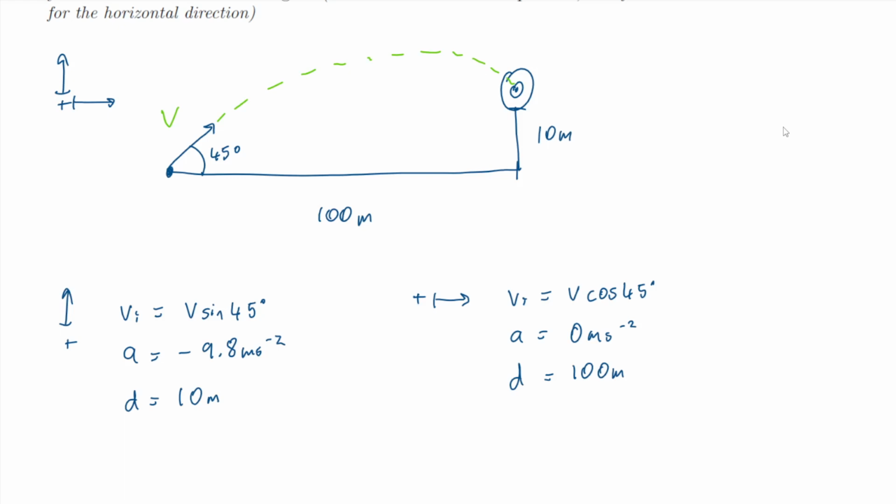Now, how do we connect these 2 directions? Well, you'll know from kinematics, the thing that connects vertical and horizontal directions is actually time, which we don't know. However, we do have 3 knowns, but with the initial velocity being in terms of another unknown.